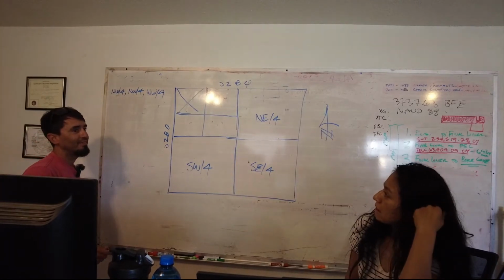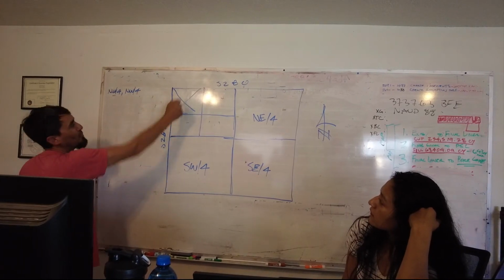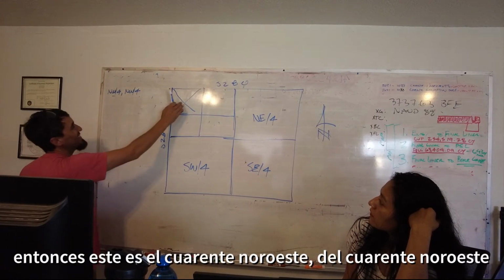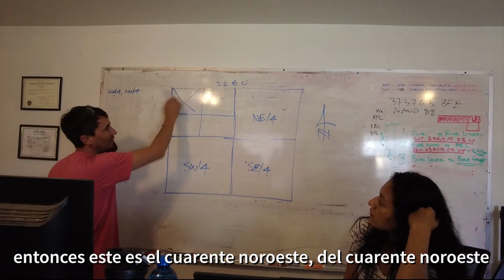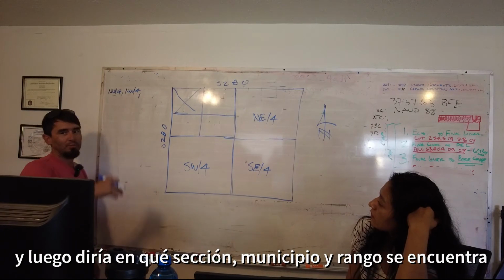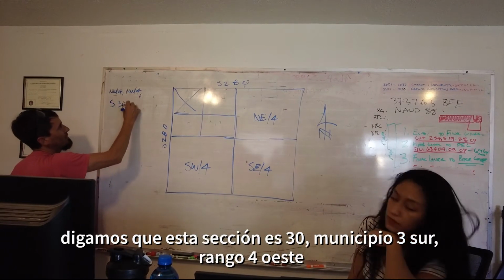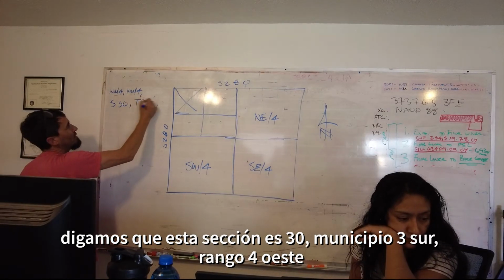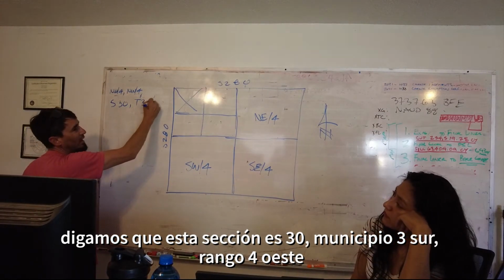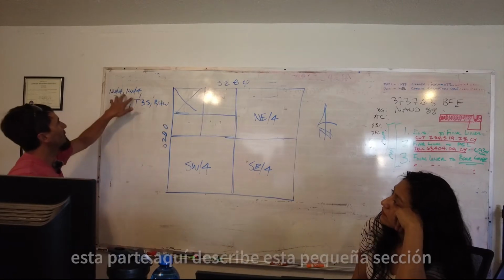Oh yeah, sorry, that's one more. So this is the northwest quarter of this northwest quarter. And then you would say what section, township, and range you're in. So this section, let's just say it's section 30, township 3 south, range, let's just say 4 west. Okay?